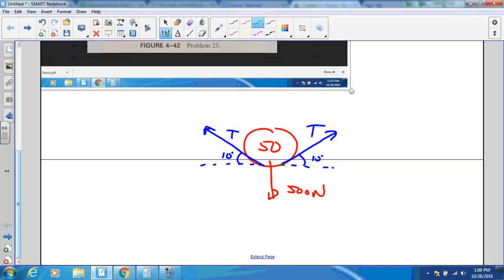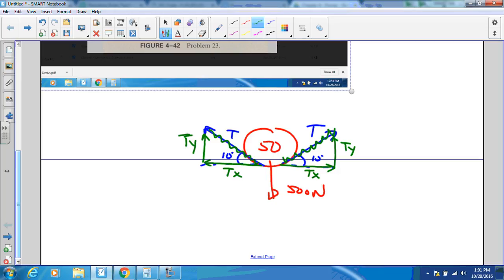We're going to take our forces and represent them with horizontal and vertical components. When we do, we're going to scratch out the original tension right here so that the original tension is now represented by a horizontal and a vertical force that add together to give the original tension. Same thing here. We've got Tx and Ty like so.